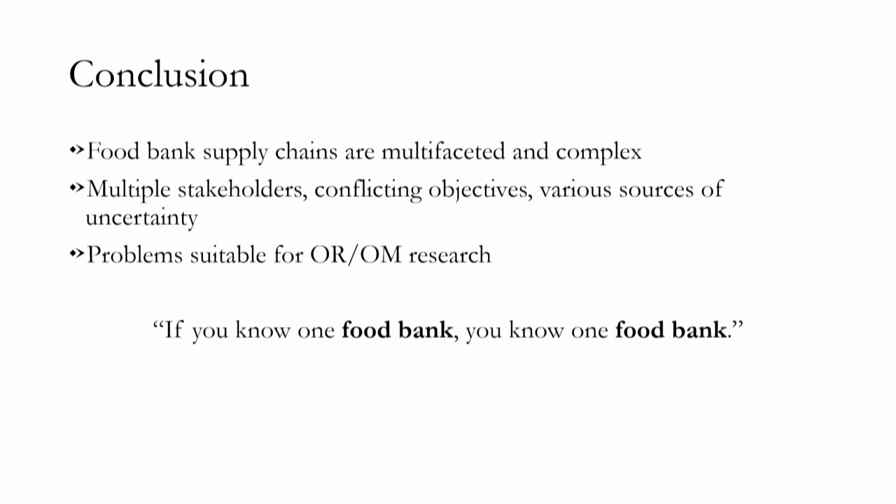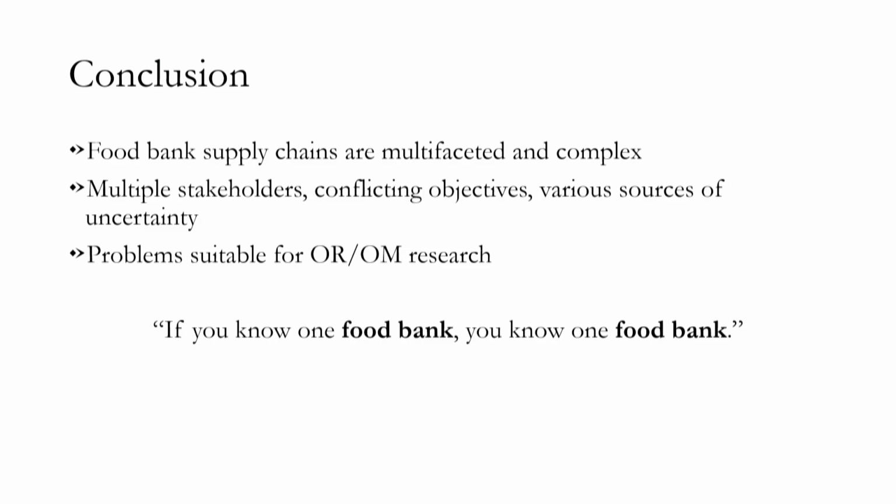To conclude our tutorial, I would like to highlight that you have seen us talk a lot about how food banks' supply chains are multifaceted and very complex. They involve multiple stakeholders, conflicting objectives, and various sources of uncertainty. We have seen studies in this area grow in recent years, but there are still a lot of problems that are suitable for OR/OM research.